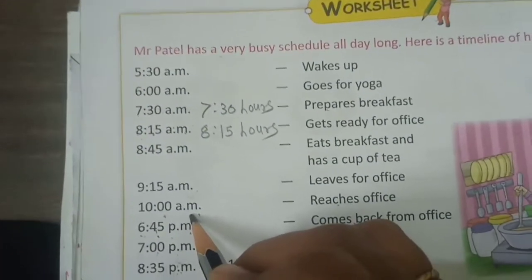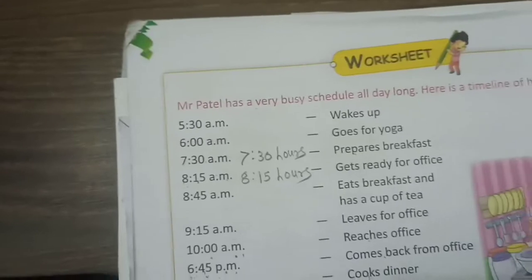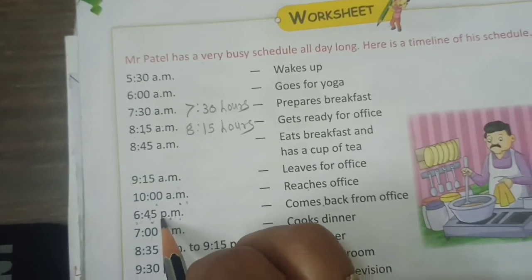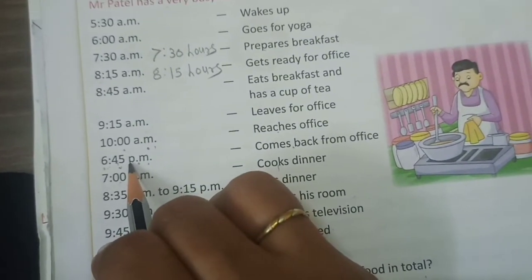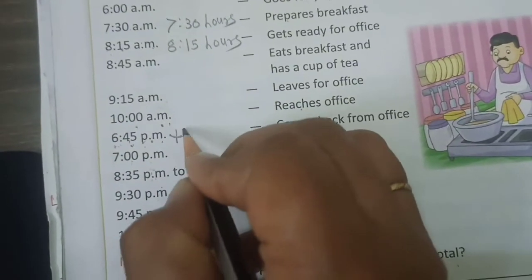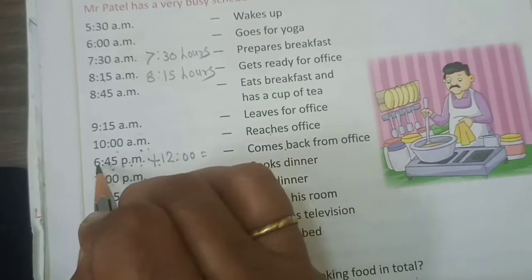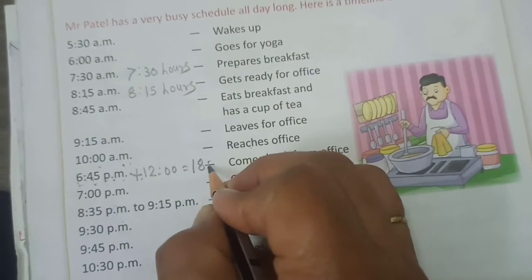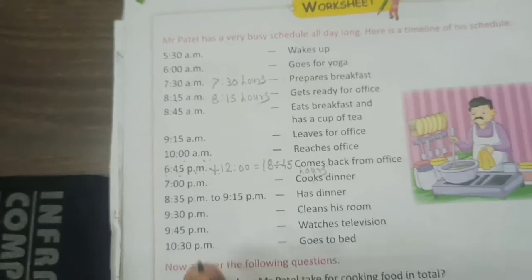There is no issue with a.m. Now what about p.m.? Here 6:45 p.m. So children, add 12 here. 12 plus 6 is 18. So here will come 18:45 hours. Like this children, you have to complete this question E.